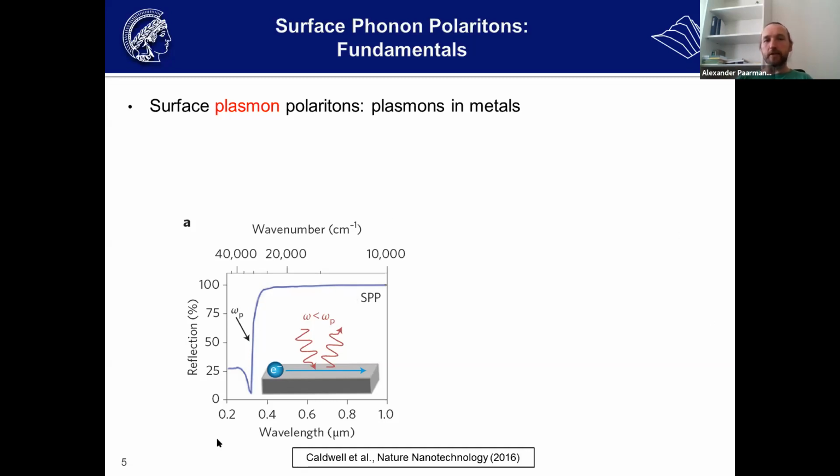And by basically the Drude model, you can write this down quite easily, that up to a certain resonance frequency, the plasma frequency, you have negative permittivity, which leads to very high reflectivity, close to 1 for these metals. That's what makes metal so nicely shiny. And in that frequency range of negative permittivity, then you will have these surface excitations.